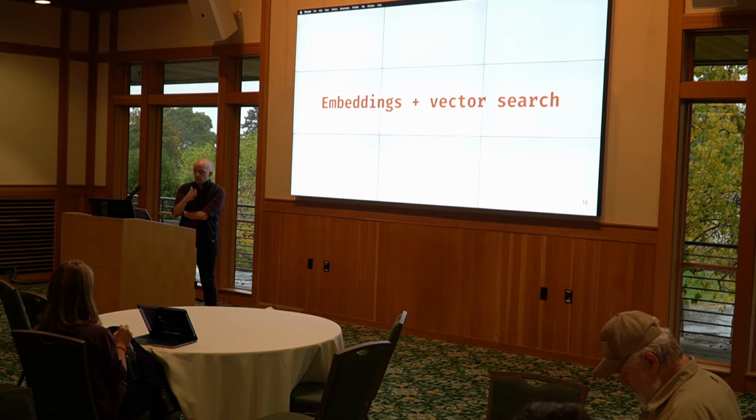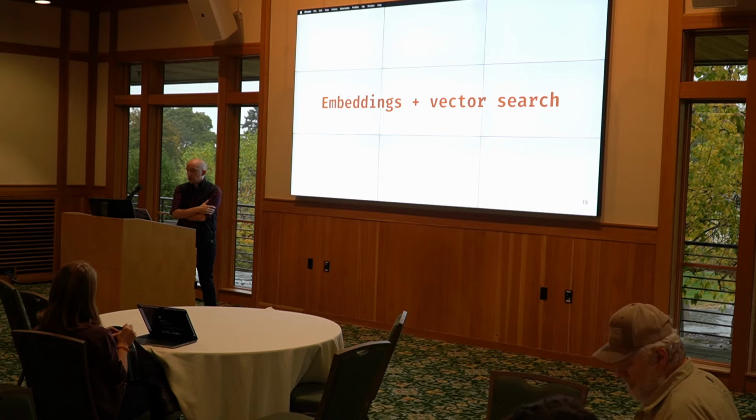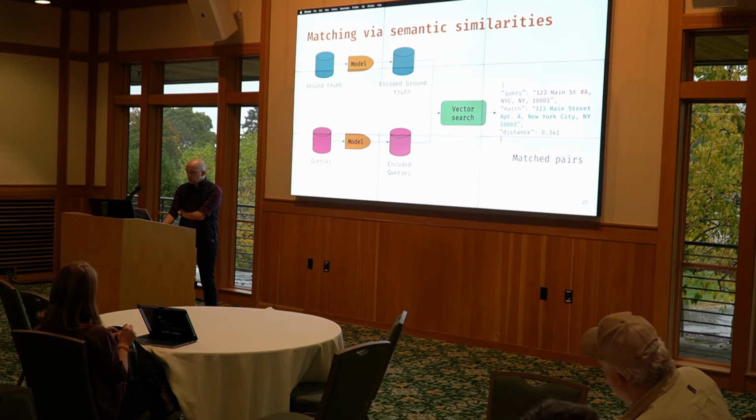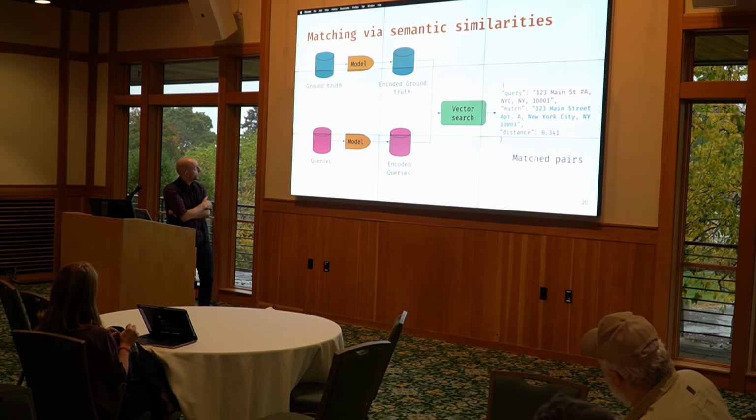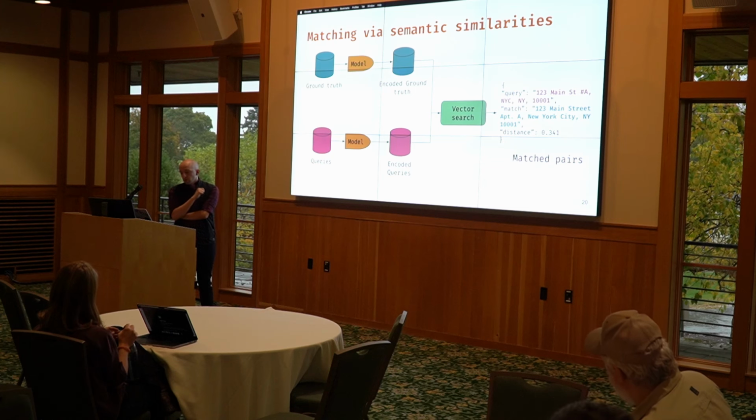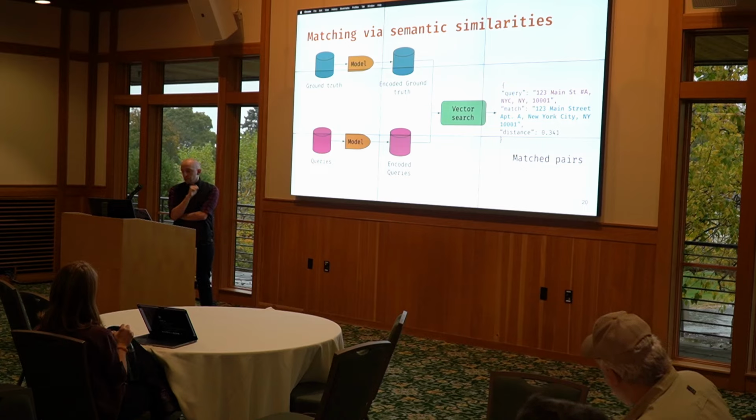We'll start with an out-of-the-box model. So again, we're ramping up the complexity of these solutions. We're not designing our own model. We're relying on something that was trained by a third party, and then leveraging that training and their model architecture to create those embeddings. So this is the layout of the problem. We'll start with our two datasets, the ground truth and the queries. We'll use the same model to convert every single address into a vector that will encode the semantic meaning of each of these addresses.